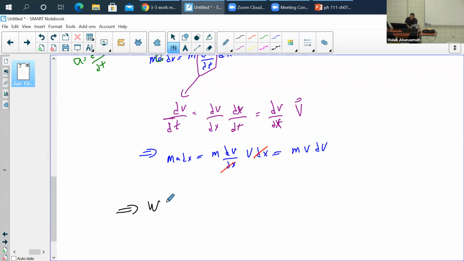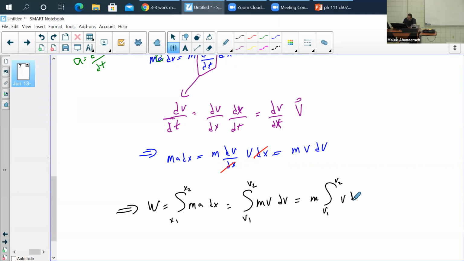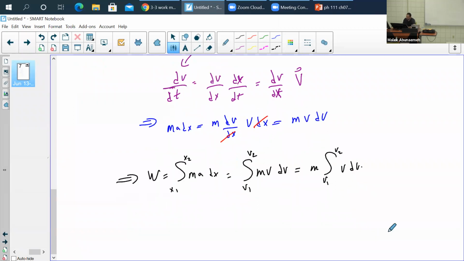That means your work change, which was your m a dx from x1 to x2, we changed it. So right now, again, we go from velocity v1 to v2, m v dv, which is going to equal m times the integral from v1 to v2 of v dv.